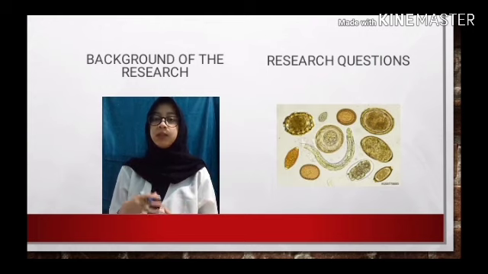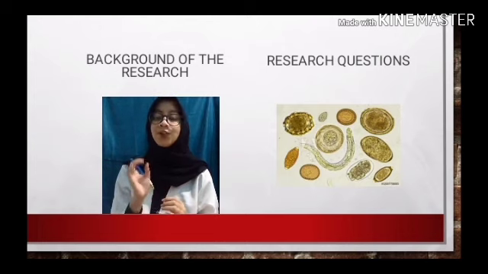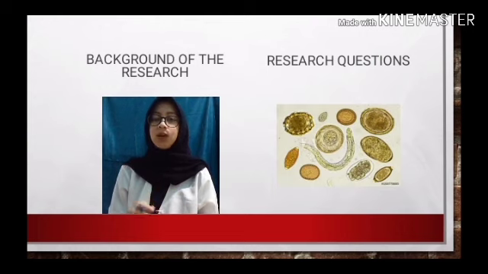Soil-transmitted helminth infection mainly involves the species of worms Ascaris lumbricoides, hookworms Necator americanus and Ancylostoma duodenale, and whipworm Trichuris trichiura, which are widespread in the tropics.